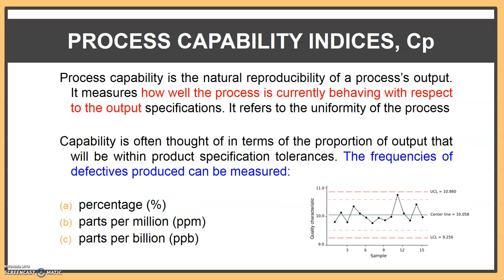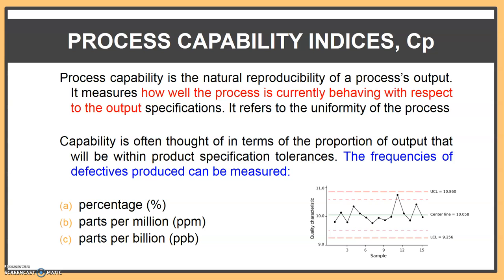Process capability is the natural reproducibility of the process outcome. So process capability measures how well the process is currently behaving with respect to the output specification. Therefore, you need to know how to measure the output of your process. The frequency of defective products can be measured in percentage, parts per million, parts per billion.